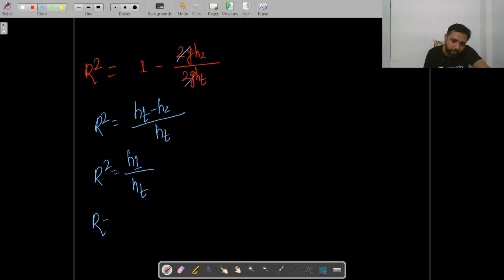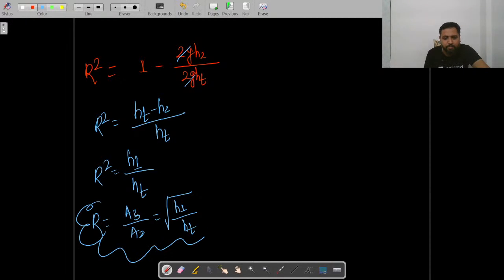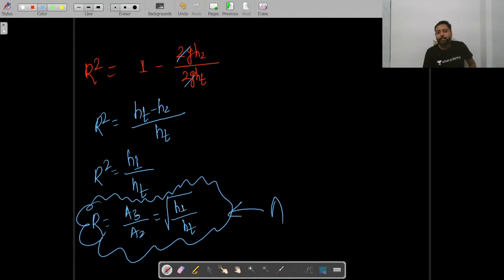So r is what? A3 upon A2, na? A3 upon A2, and this will be a square root of H1 upon HT. Directly you can remember this formula. If they ask you to solve the question and to find the sprue dimensions by avoiding aspiration, simply remember this formula. This is going to be very much important for you in your GATE exam.